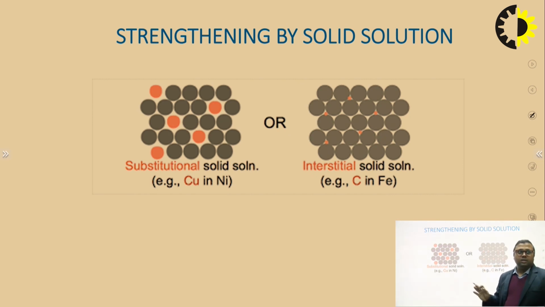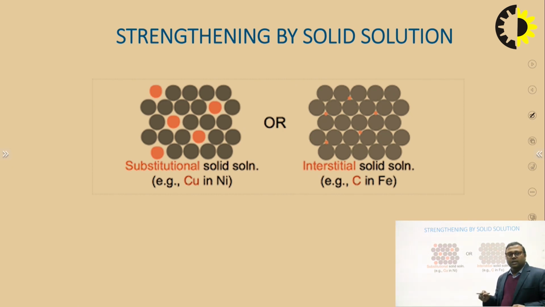Then third is strengthening by solid solution. Solid solutions are basically of two types, that is substitutional solid solution and interstitial solid solution. We have already discussed this in the previous lectures. For example, copper in nickel shows the substitutional solid solution, and carbon in iron shows the interstitial solid solution.